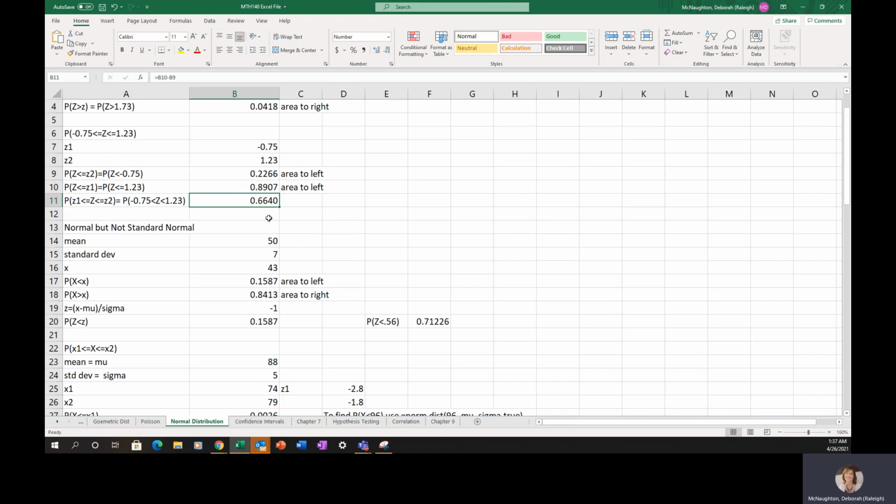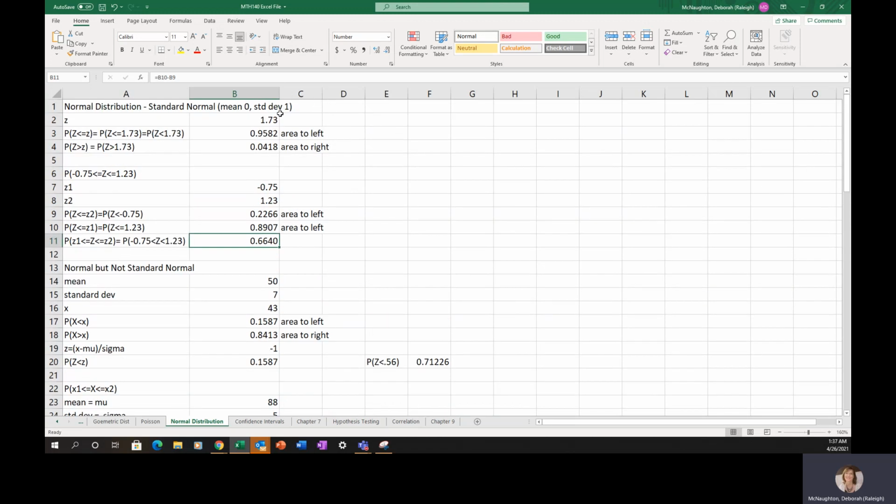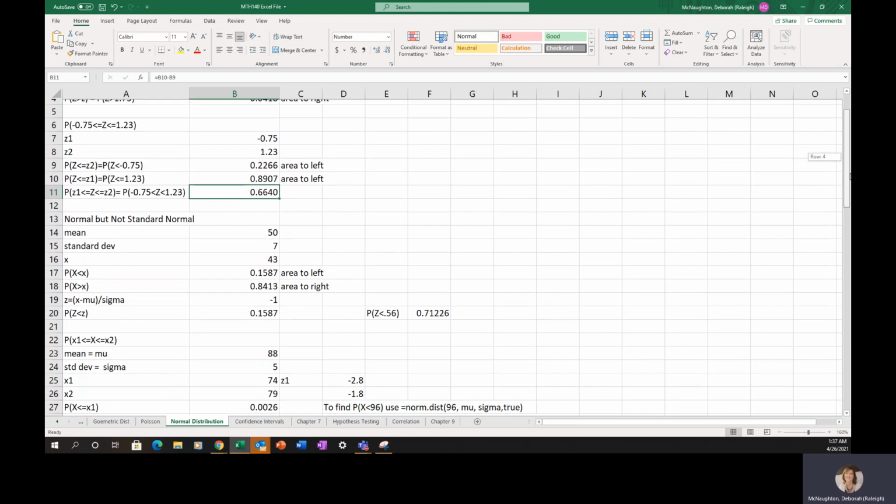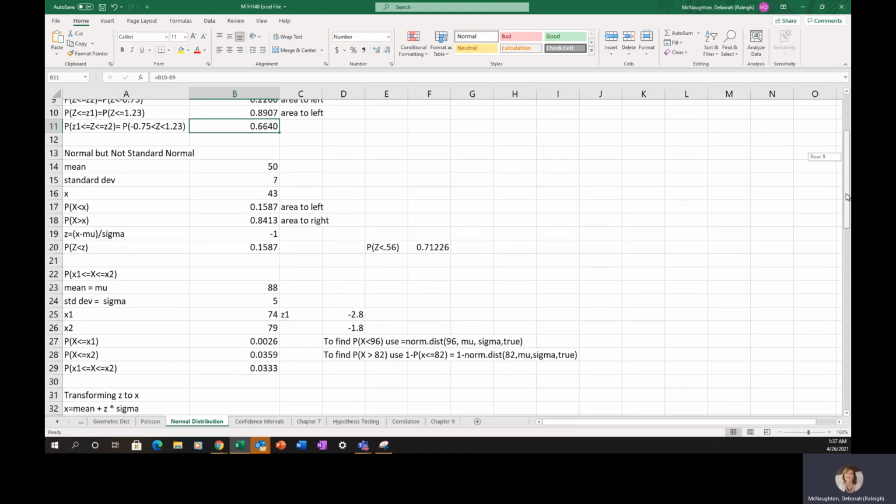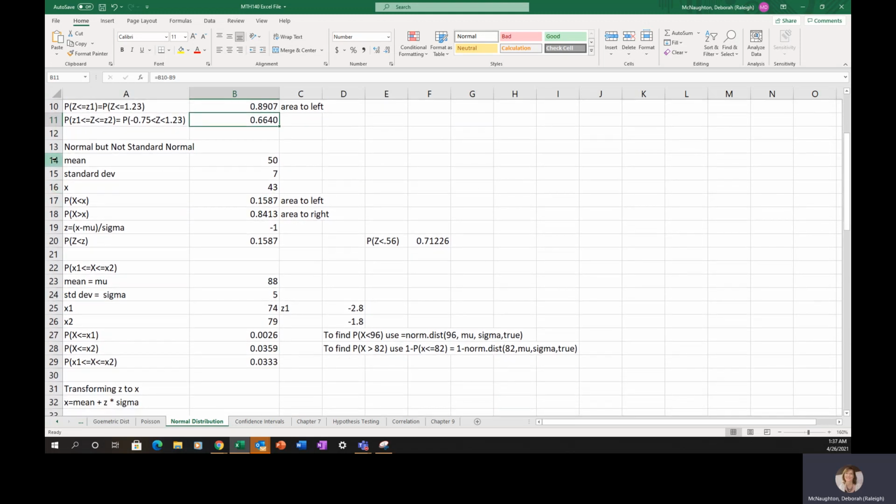Okay. And then when it's normal, but it's not standard normal, remember, for standard normal, the mean is 0 and the standard deviation is 1. When it's not standard normal, but just normal, then they'll always give us the mean mu and the standard deviation sigma.